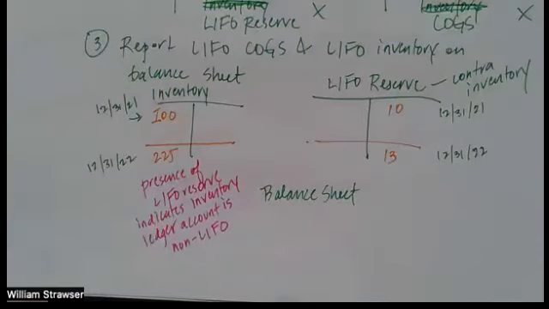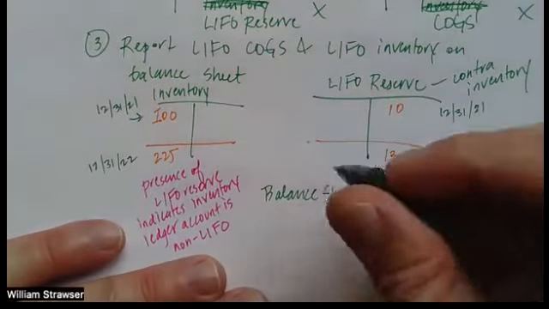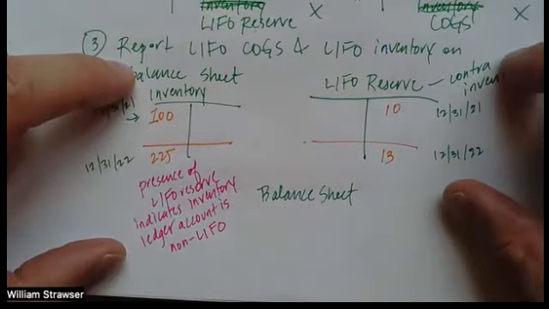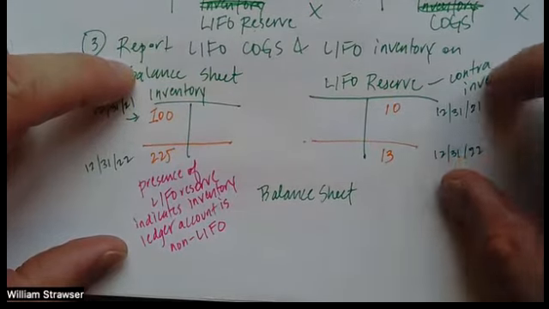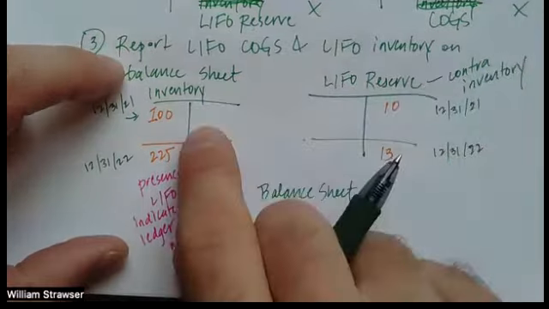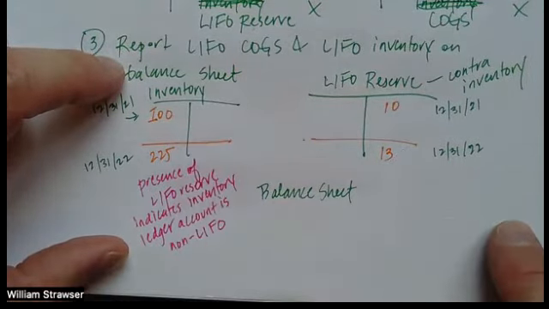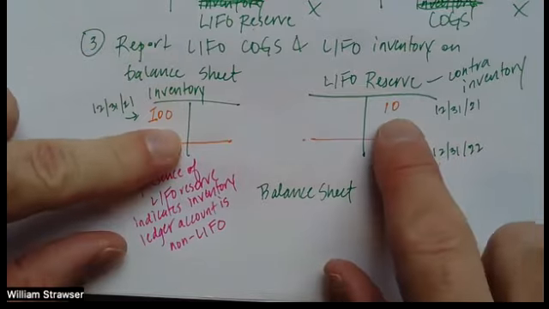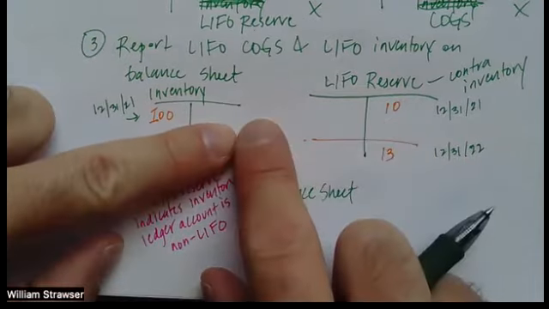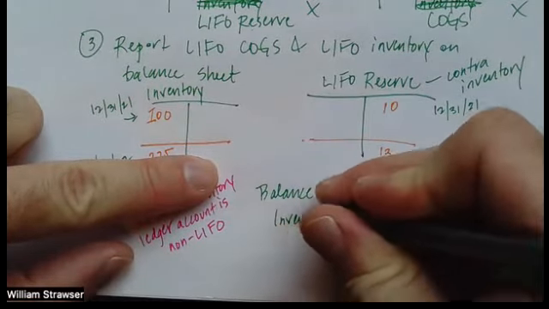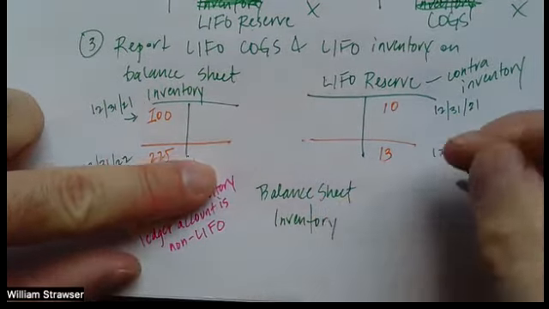Well, what's going to happen to my inventory amount? Remember, contra accounts or adjunct accounts, their sole purpose is to modify the account that they're attached to when reporting it on a financial statement. So I take an aggregate of these two numbers and report it on the balance sheet. Because it's a contra account, I want to subtract.